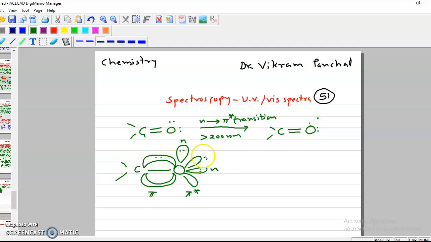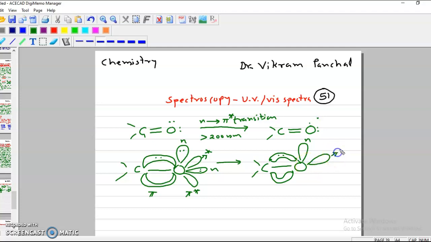This is also an n orbital. This is the pi star orbital. Now, one of these n electrons will move to pi star. This is the pi orbital electron. Now, one of these n bonding electrons will go to the pi star orbital.